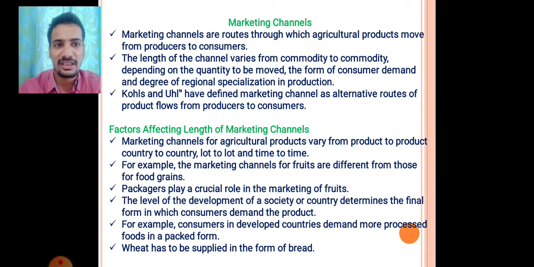For example, the marketing channel for fruits is different from that of food grains. Packaging also plays a crucial role in the marketing of fruits. Packaging for export is different from packaging for domestic sale. These are the factors which affect the length of the marketing channels.